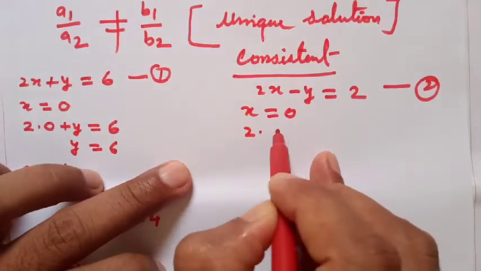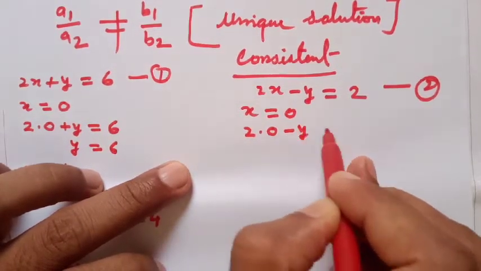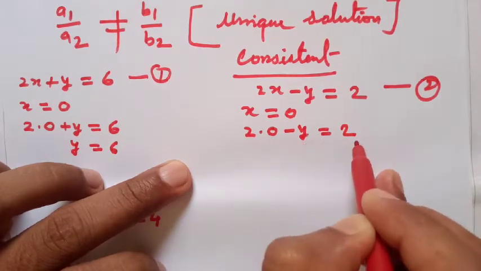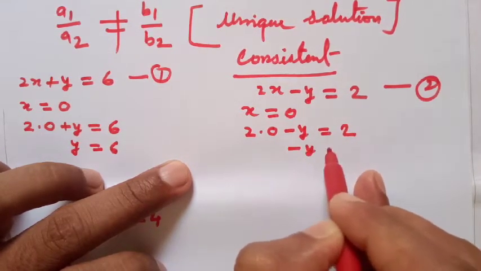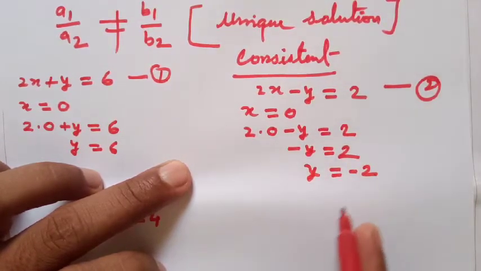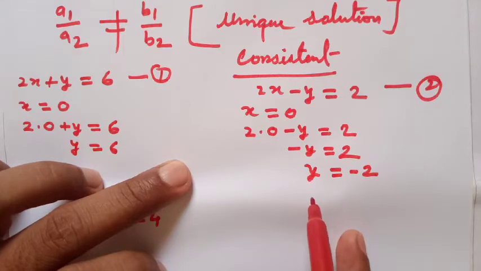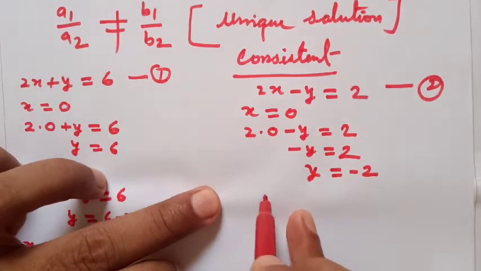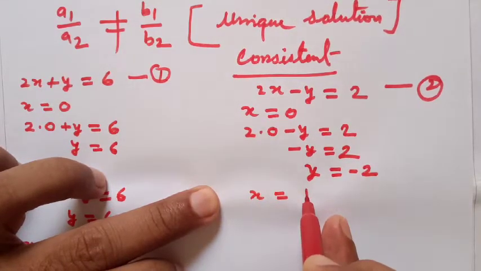Now put the value: 2 into 0 minus y is equal to 2. 2 into 0 is 0, so minus y is equal to 2. It means y is equal to minus 2, because we want the value of y, not minus y. Okay, so y is equal to minus 2. Now let us take x is equal to 1.